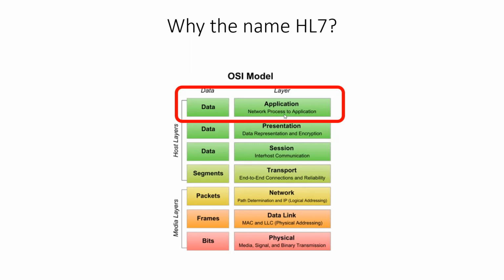As we are dealing with healthcare data, our HL7 messages, the structuring and reading of messages, everything happens in the 7th layer of this OSI model. That's how we ended up with the name Level 7. As we are specifically dealing with healthcare data, we call it Health Level 7. Health Level 7 is an organization which maintains all the healthcare-related data standards for exchanging data between different healthcare industries and entities.